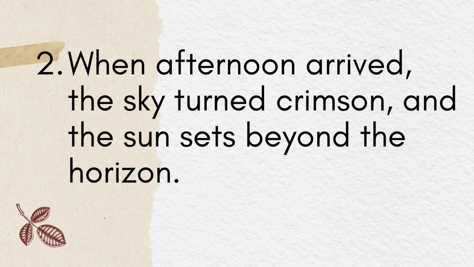So they're both in past. The inconsistency happens in the sun sets. It is in present, right? It should be, and the sun set beyond the horizon. You make sure that every verb in the sentence is in past because the sentence is in past.